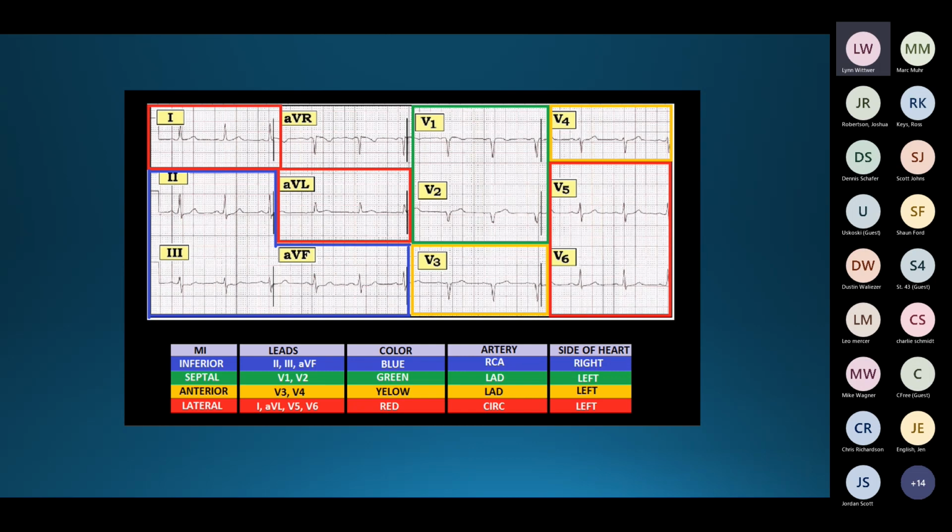The high lateral is I and AVL. Regular lateral is V5 and V6. Anterior can be from V1, V2, V3, V4, and also anterior septal would include V1.